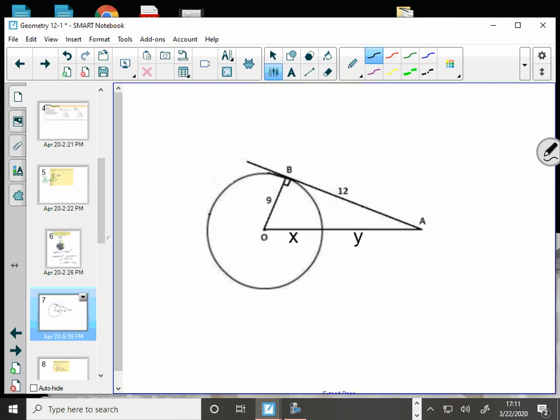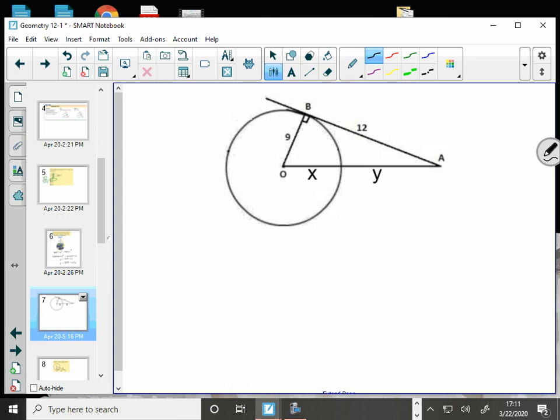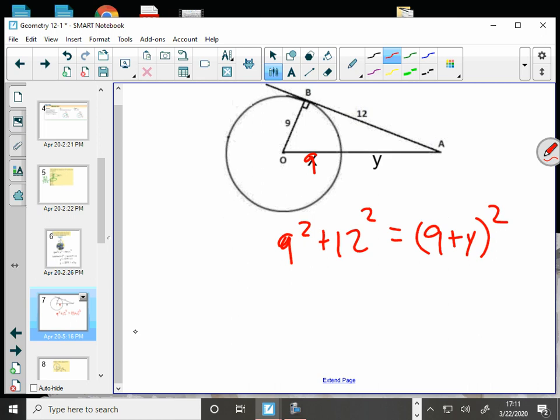What do I do here? The first thing is, what is x? Well, all the radii have the same value, so x has to be 9, right? So now I'm going to do the Pythagorean theorem. 9 squared plus 12 squared equals 9 plus y squared.